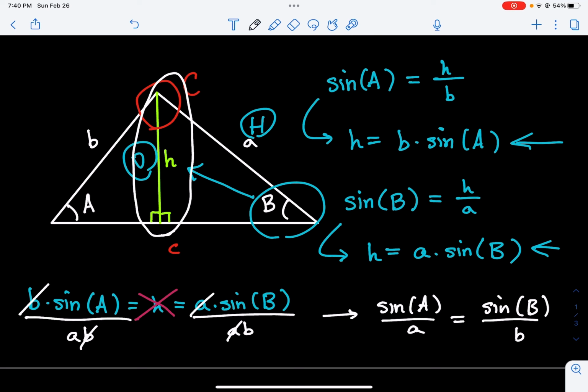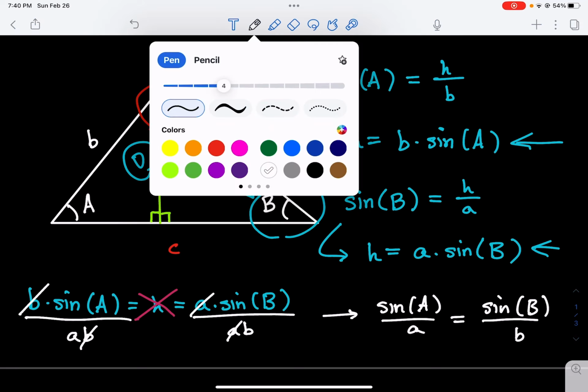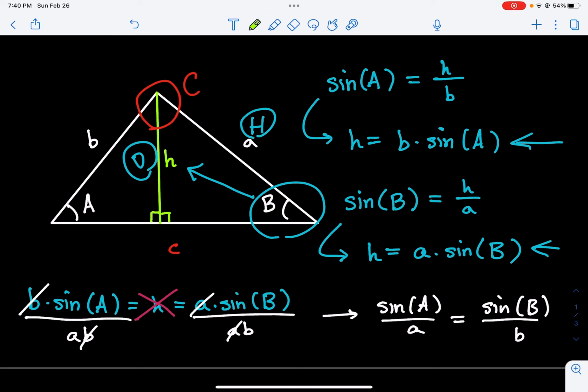We could have drawn it anywhere. We could have drawn an altitude like this maybe, that could have been an altitude, or we could have drawn an altitude like this. Well, they're supposed to intersect all three altitudes. Let's see if I can get it. Yeah, there we go.